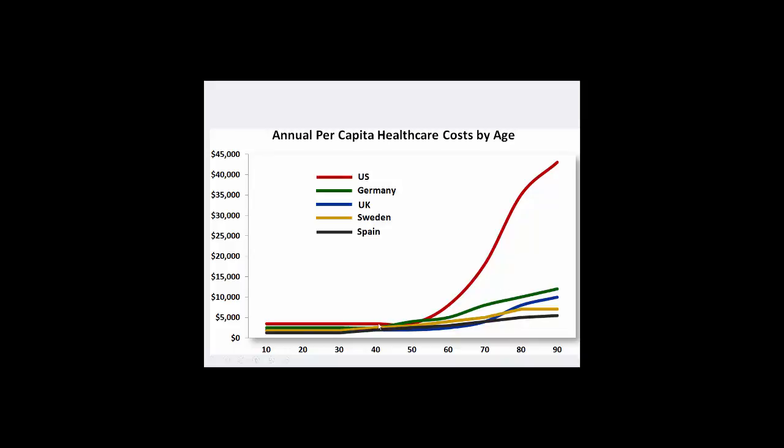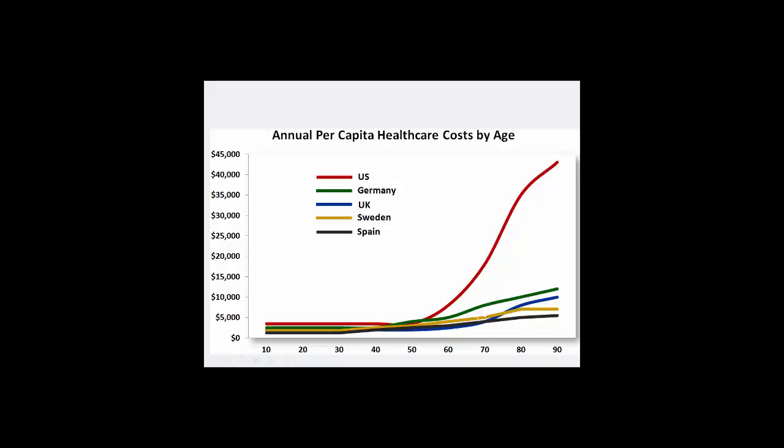When we get to our 40s, there starts to be some change, but still not too bad. In the 50s, okay, all the lines are going up, but still not a massive increase. Here we are at 60, particularly at 65, when Medicare kicks in, there is this massive increase in expenditures.